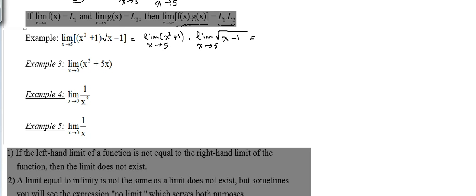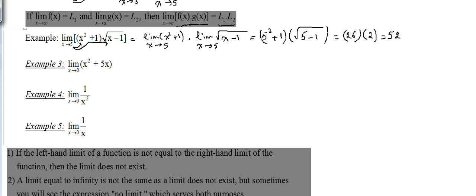We substitute 5 for x, so it will be 5 squared plus 1 times radical 5 minus 1. The answer will be 25 plus 1, 26, times radical 4, which equals 2. The answer is 52.